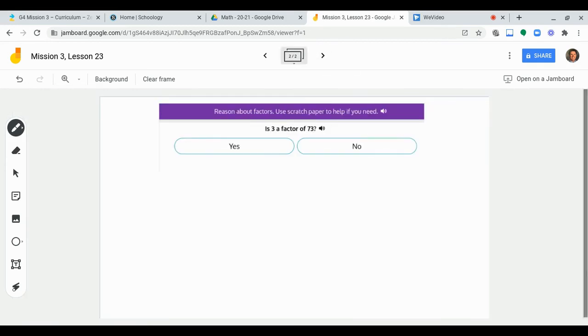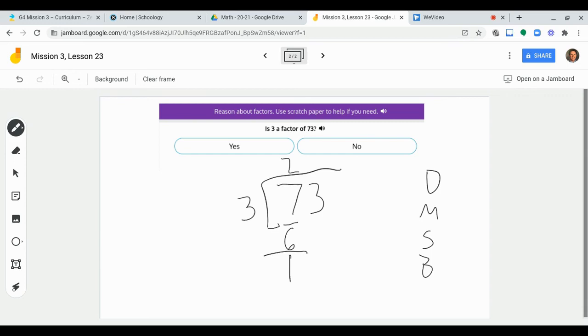Because if I had this one, is 3 a factor of 73? I'm just going to do 73 divided by 3. Again, my steps are divide, multiply, subtract, bring down. I do 7 divided by 3. Well, 3 can go into 7 2 times without going over. Then I multiply. 3 times 2 is 6. Then I subtract. 7 minus 6 is 1.